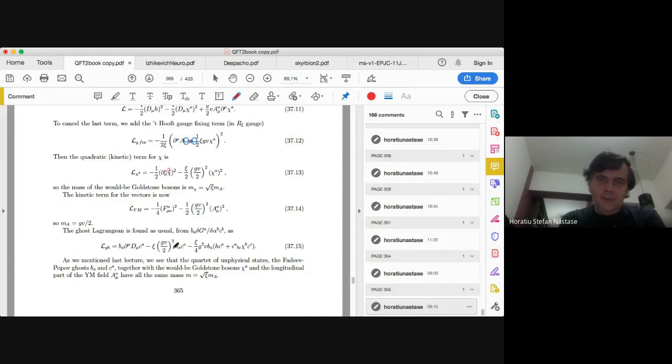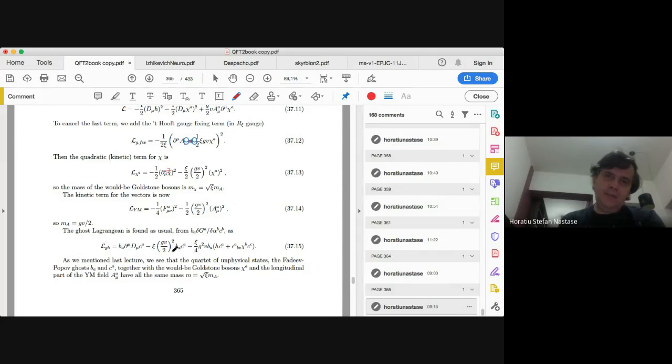That corresponds to these other terms: a piece corresponding to v plus H, and the piece corresponding to psi. So this is all multiplied by this psi gv over 2.